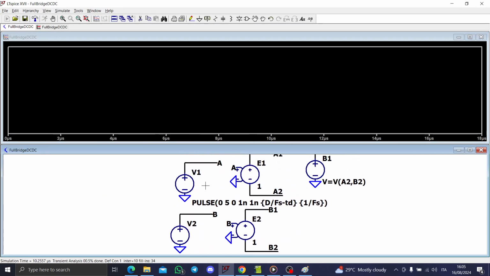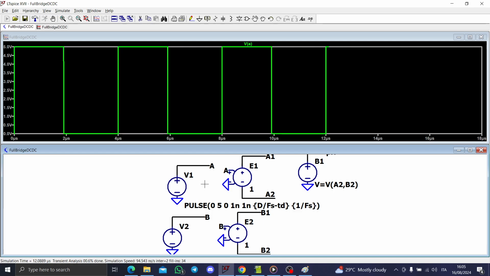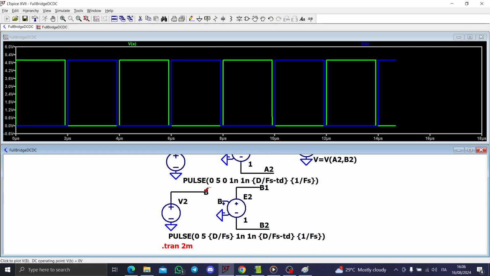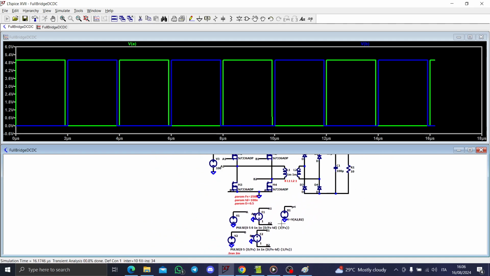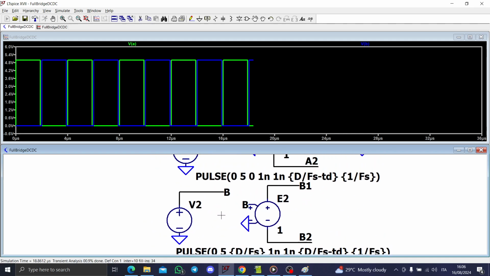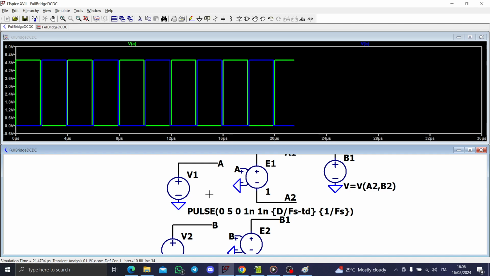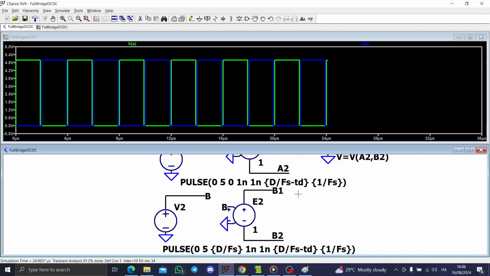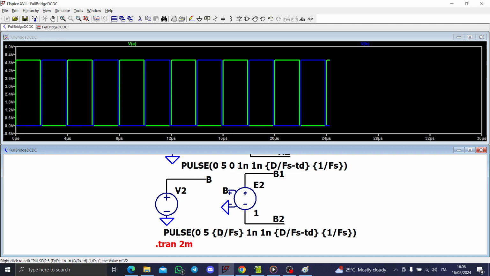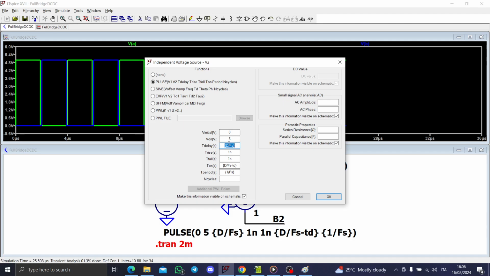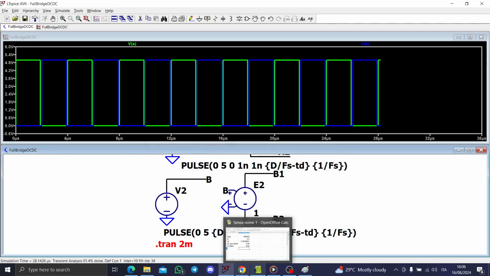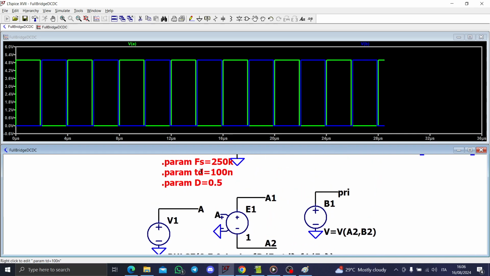First, I put the two switching waveforms A and B, which are the correct duty cycle, and generate the correct square waveform with D over Fs as T on. The other, B, is translated by D over Fs. There is a delay of D over Fs, of course, but you use a parameter called TD not only as a dead time, but also as a way to reduce the duty cycle.